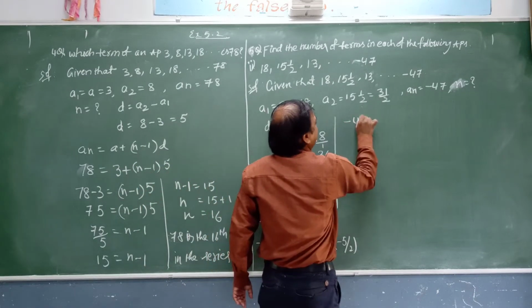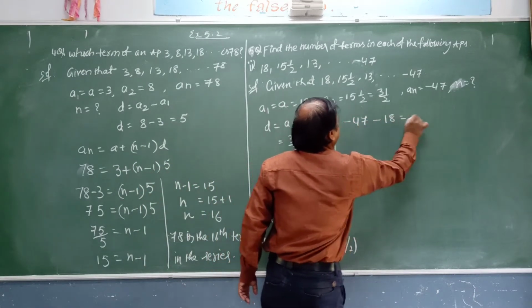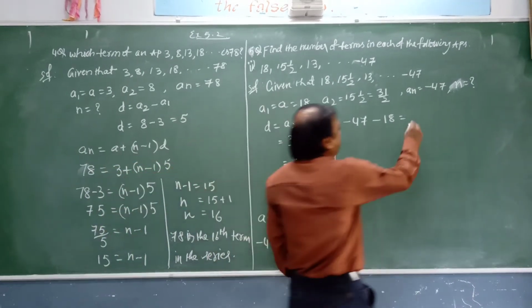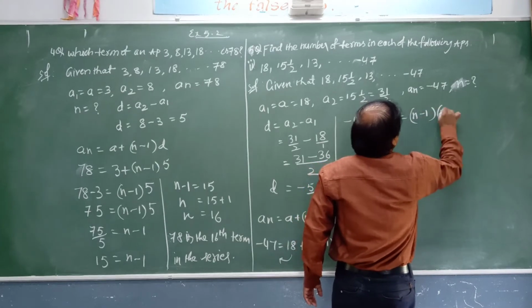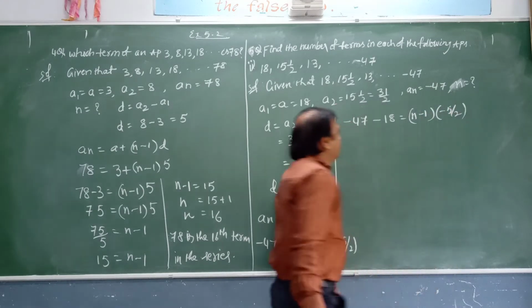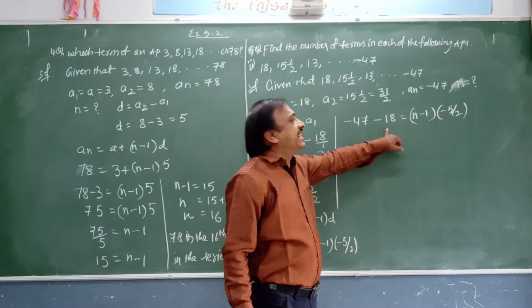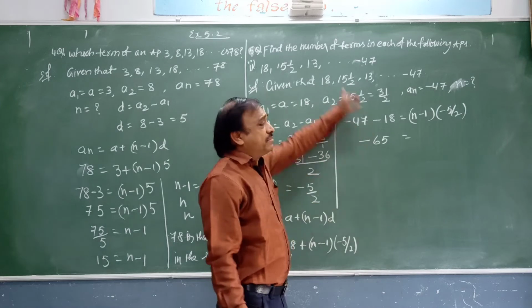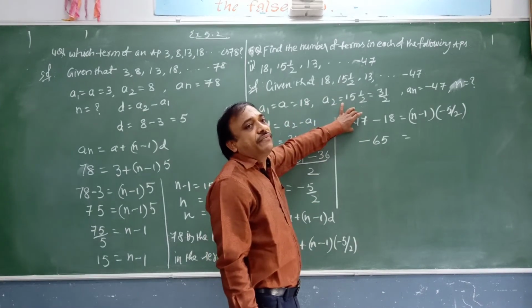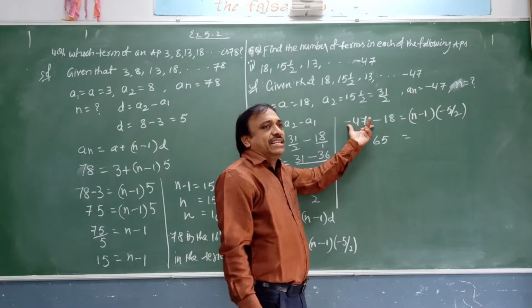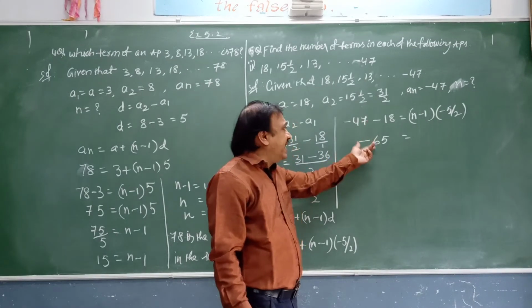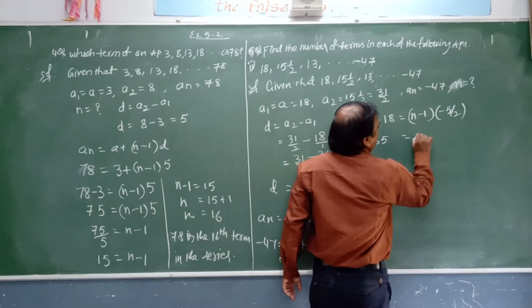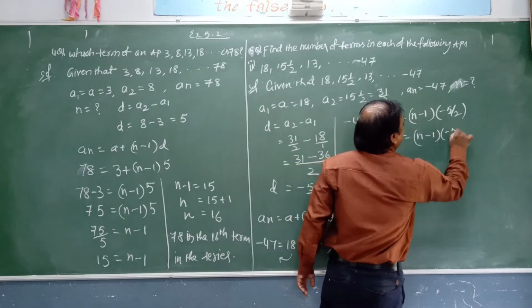Then minus 47 minus 18, because it has a plus sign before it, equals n minus 1 into minus 5 by 2. Minus 47 and minus 18 together is minus 65. This comes under the topic of addition of integers: both are negative integers, so add them and keep the same sign.